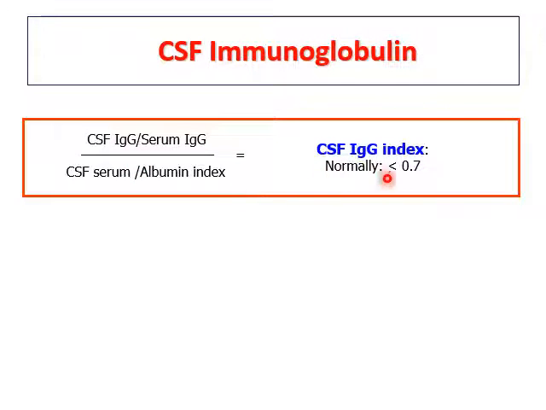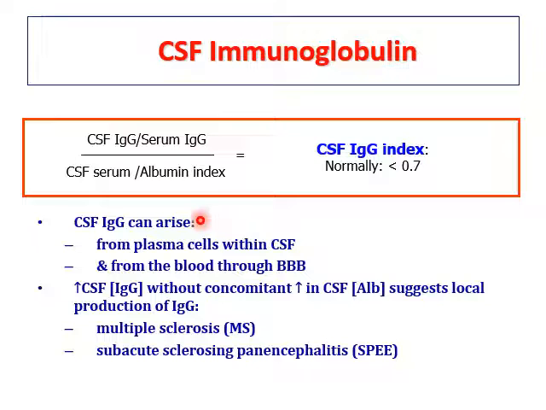Normally it is less than 0.7. If it is increased, this means increased CSF IgG, which arises from plasma cells within CSF or from the blood through the blood-brain barrier disruption.